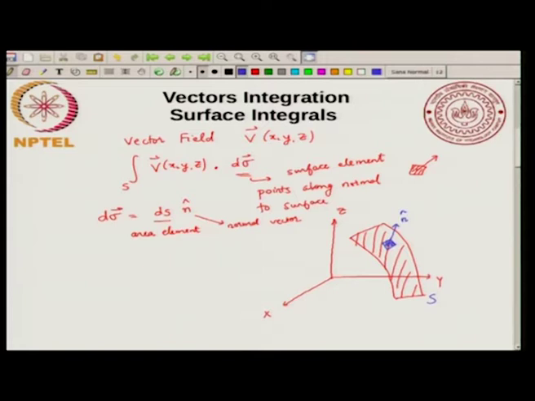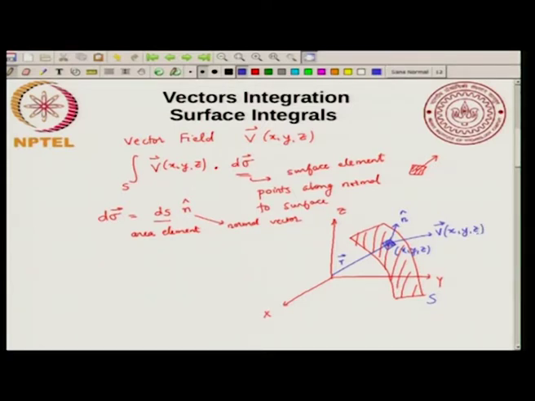Now, the vector field V at this small element points in some direction, and it has some magnitude. So if this point is r, which is given by x y z, then V of x y z is a vector at this point that points in some direction.